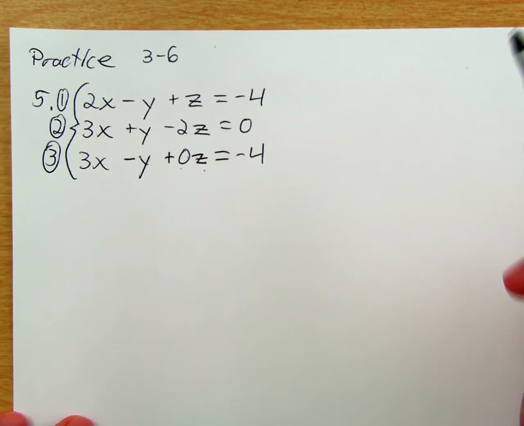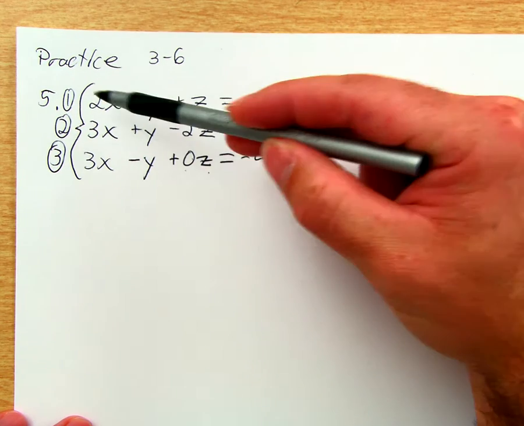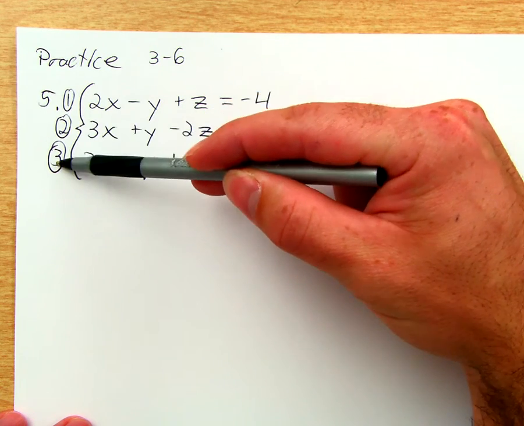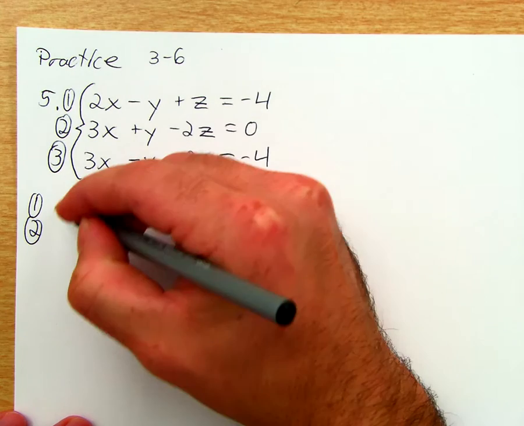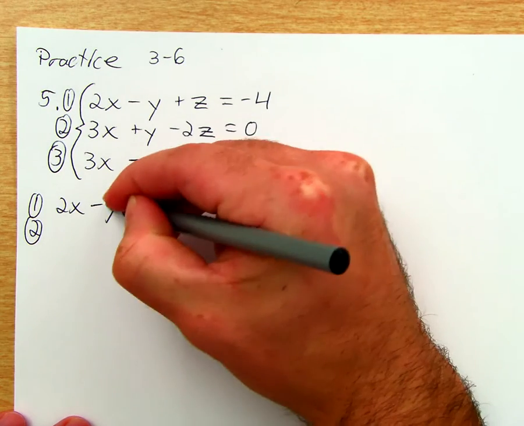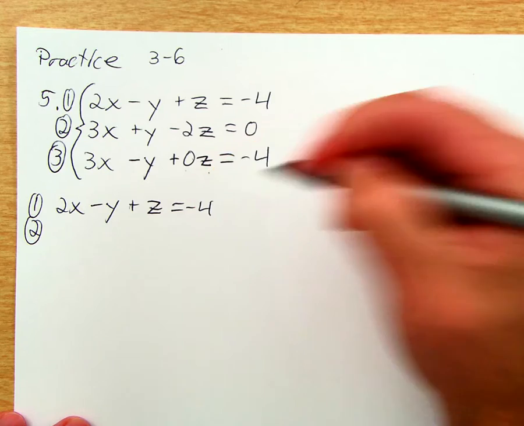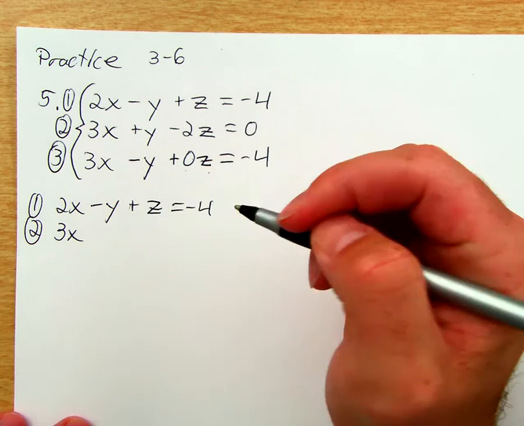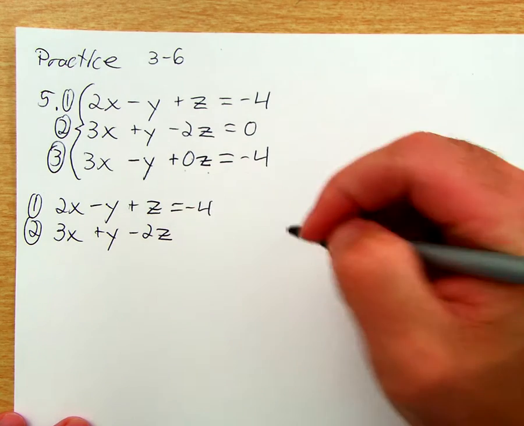Alright, so in this problem, it's going to be easiest to eliminate your y's. I would pair up 1 and 2, and then 2 and 3. So first, let's take care of 1 and 2 and get our new equation. So 2x minus y plus z equals negative 4. And then equation 2 is 3x plus y minus 2z equals 0.